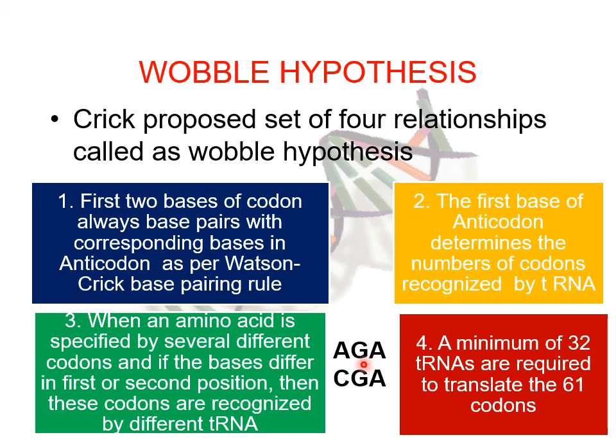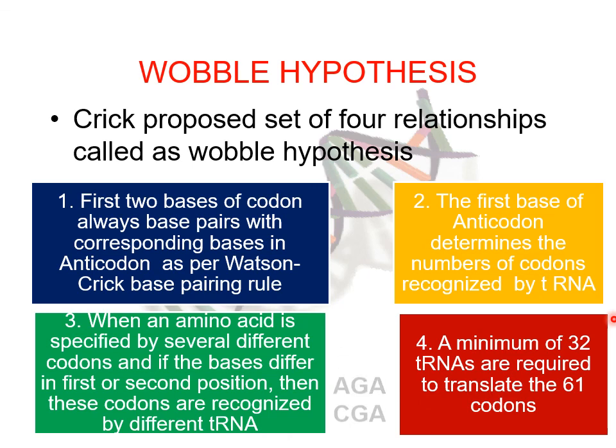Now these two codons require two different tRNA molecules. They cannot be recognized by a single tRNA because the change here is in the first nucleotide. So any change in the first or second nucleotide requires a different tRNA molecule.